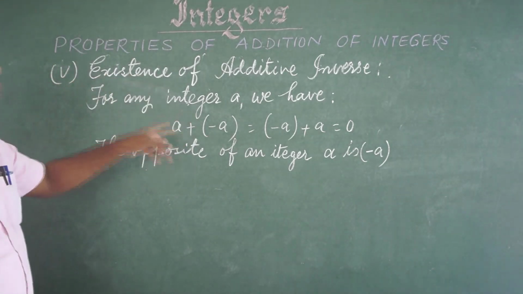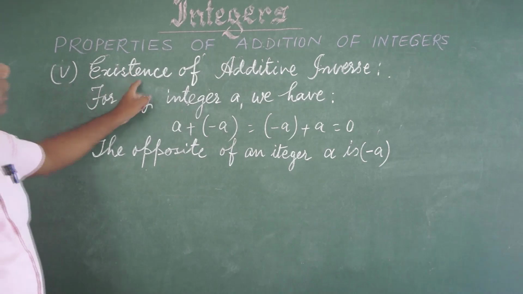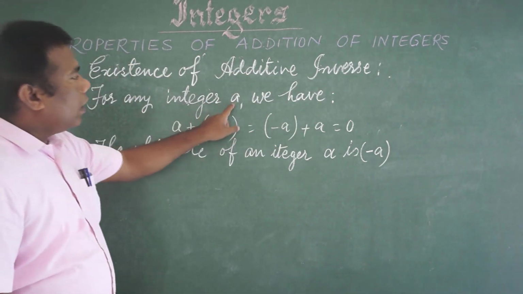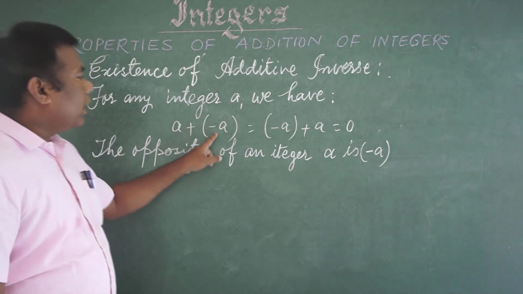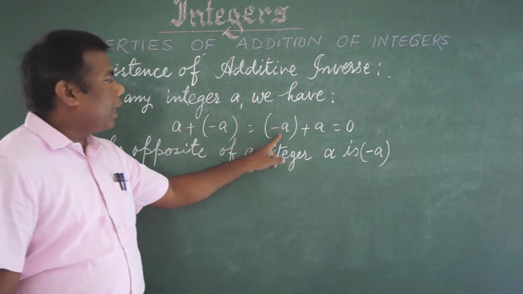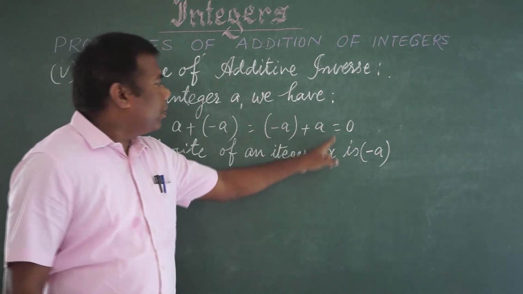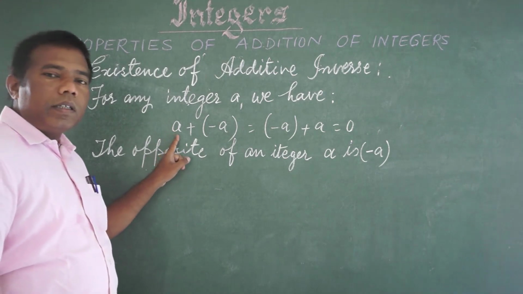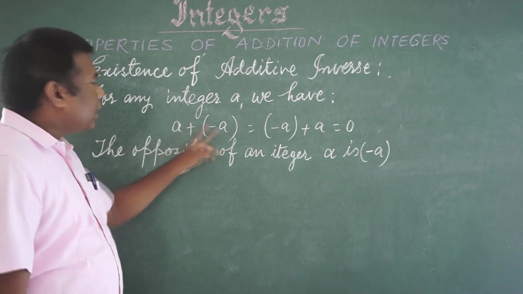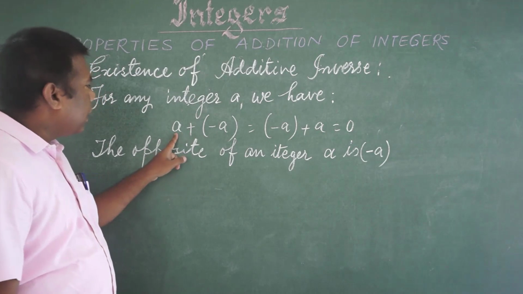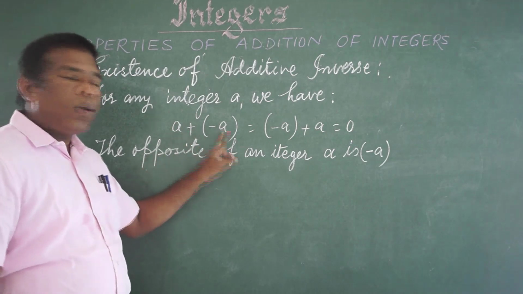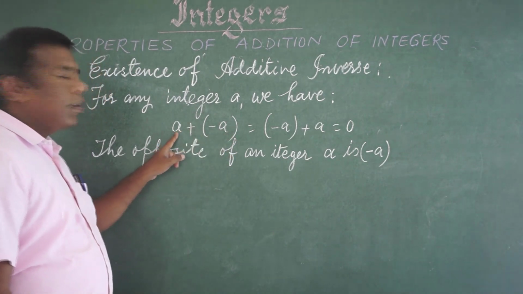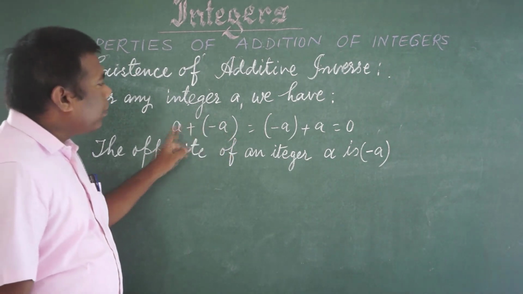Fifth property of addition of integers, and what is it? Existence of additive inverse. For any integer a, we have a plus minus a is equal to minus a plus a, and that will be equal to 0. So if you are adding an integer with the opposite of that integer, it means minus a is the opposite integer of a. If you are adding both, what will you get?